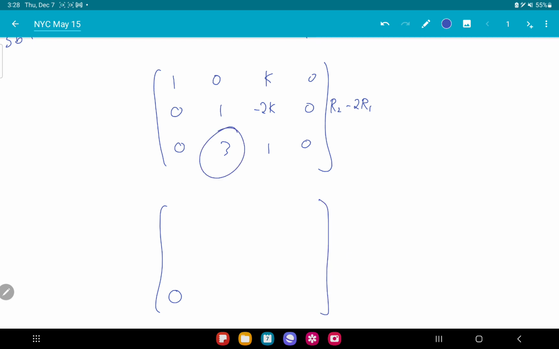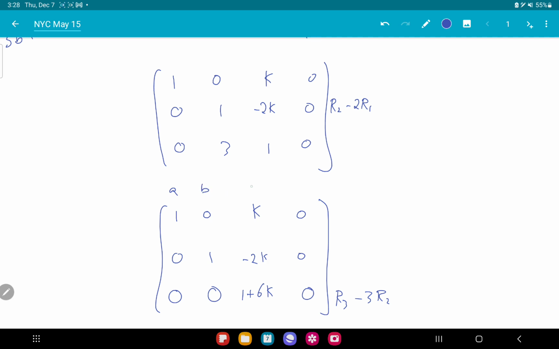I want to eliminate that 3. So I do row 3 minus 3 row 2. Okay, still a 0 on the bottom right. I get a 0 there. That looks like 1 plus 6k. And I'll copy in the rest of the matrix. Et voila.